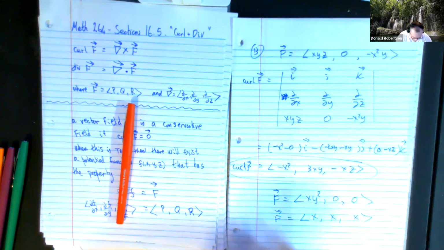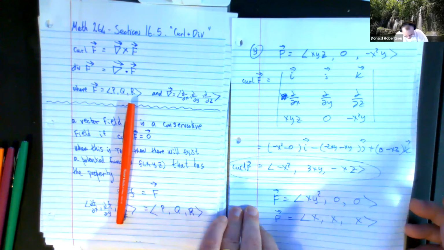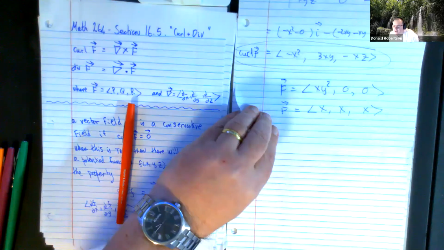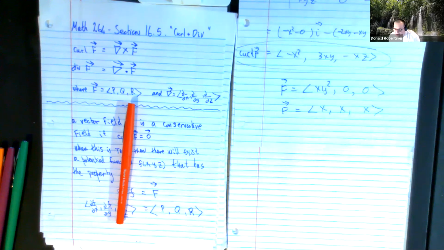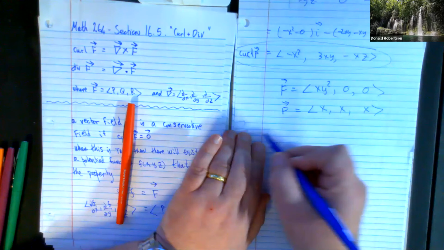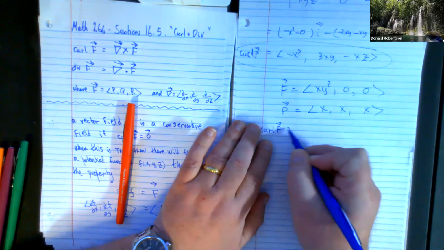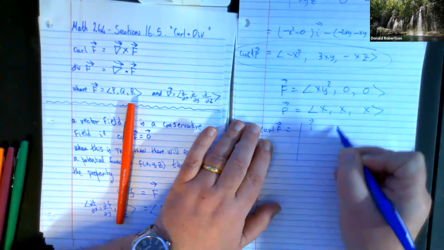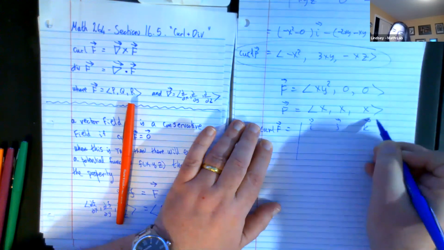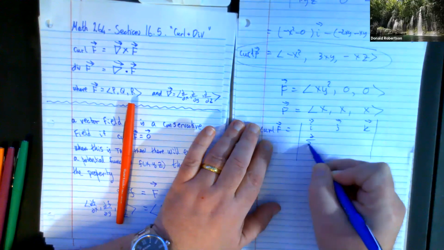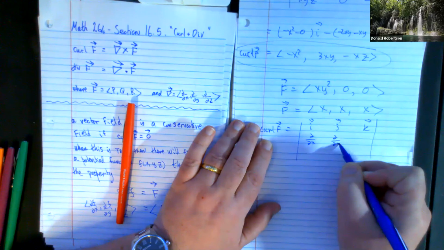You got me thinking here. I wonder what the curl of a function where all 3 things are the same thing, in this case x, would be. We'll find out. Shouldn't take too long. It's quite an easy one to do. I wonder if that would be conservative. I'm wondering it myself.